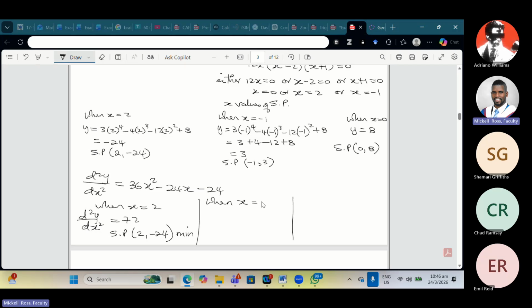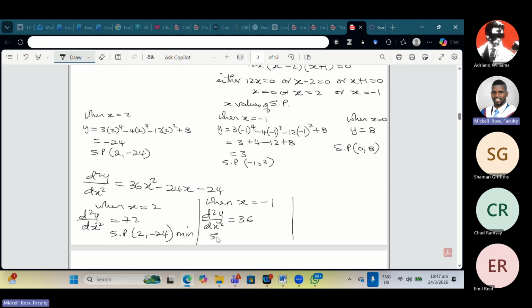When x is equal to negative 1, for the second derivative we have 36, 24. So we're going to get 36.